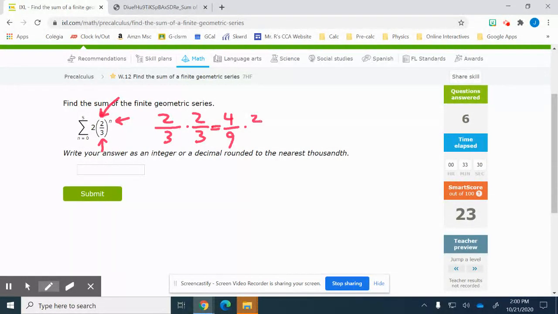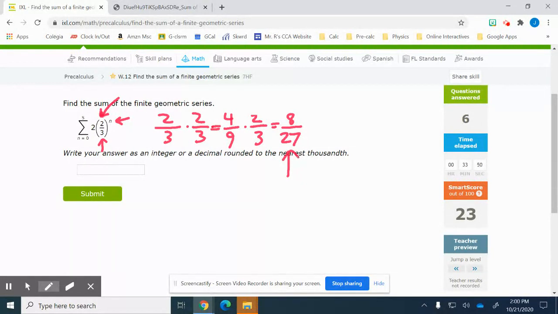Then you put another instance of the common ratio in there, 2 over 3, that's going to equal 8 over 27. So you can see that this one actually gets smaller with every iteration. So I point that out to you.